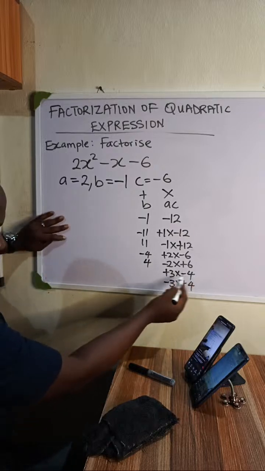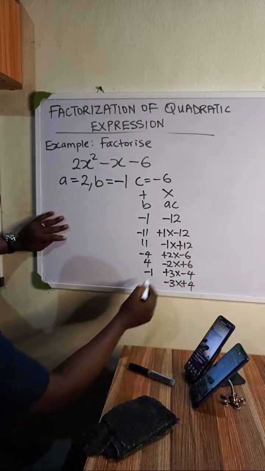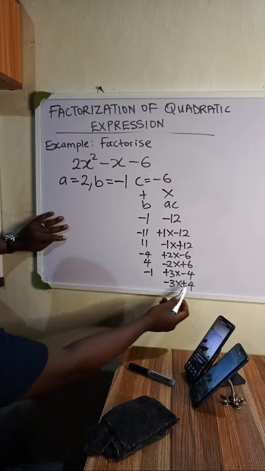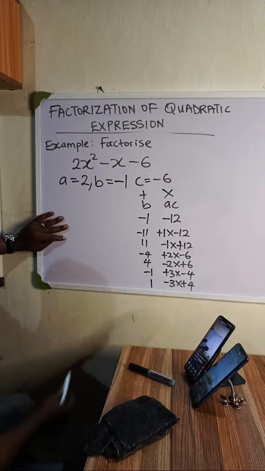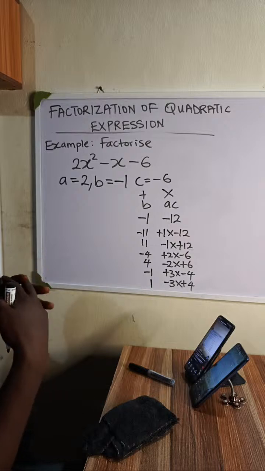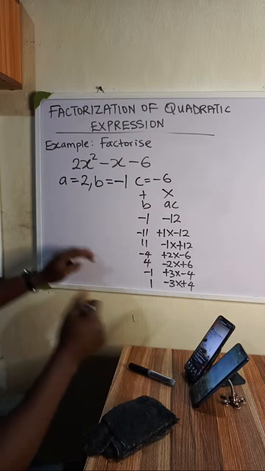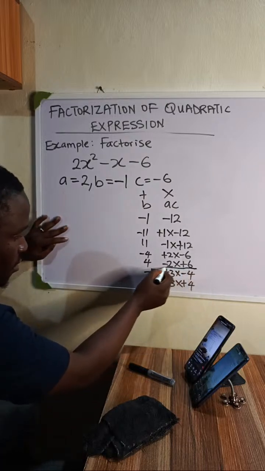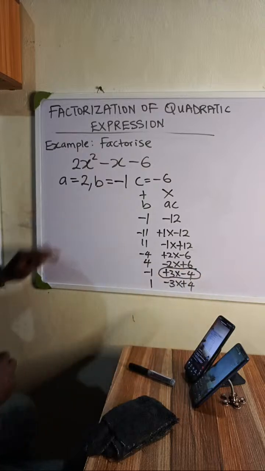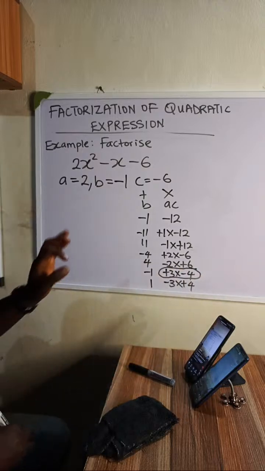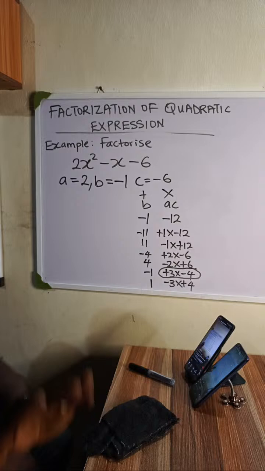Plus 3 minus 4 is going to give us minus 1. And minus 3 plus 4 is going to give us 1. This means the only set of values that will multiply themselves to give you minus 12 and also add themselves to give you minus 1 is this combination, which is plus 3 minus 4.